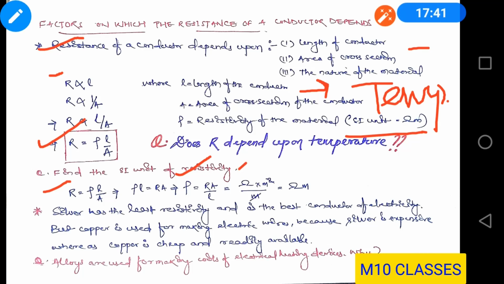The SI unit of area is meter square. For length, the SI unit is meter. So meter cancels out, and it will give you ohm meter. This is the SI unit of resistivity.